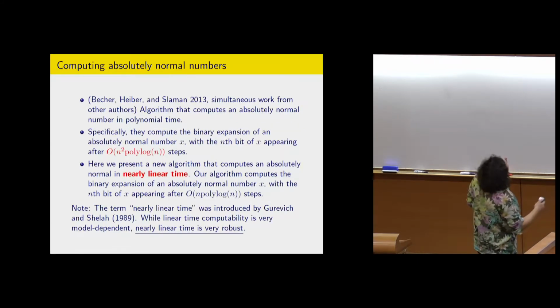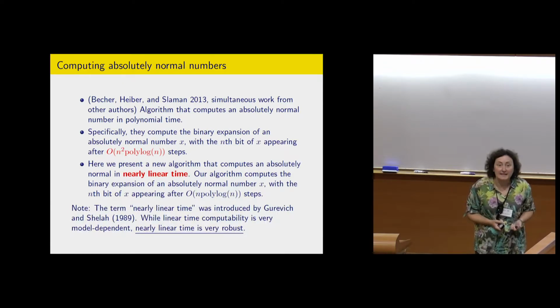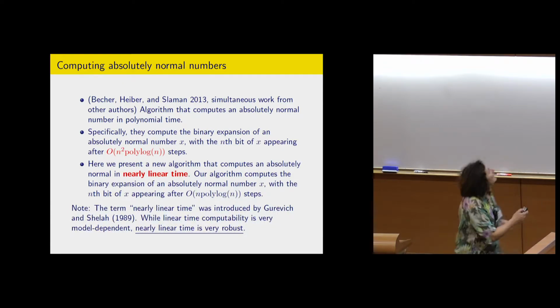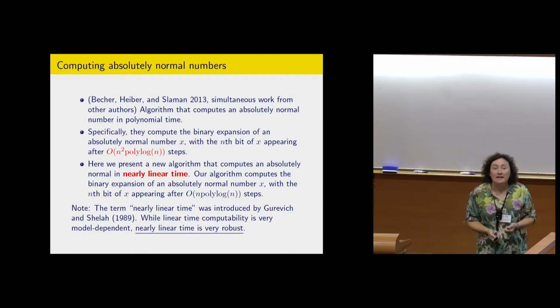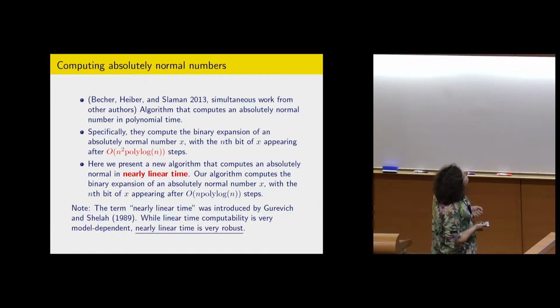So I promise you, I'll talk a little bit. There exist efficient algorithms, as efficient as n squared polylog n steps, to produce the first n bits of an absolutely normal real number. And I'm going to try to take this down to nearly linear time.